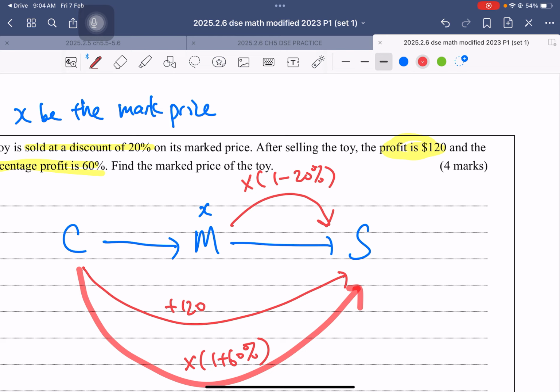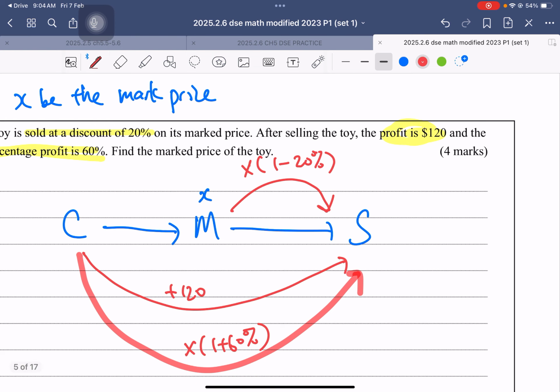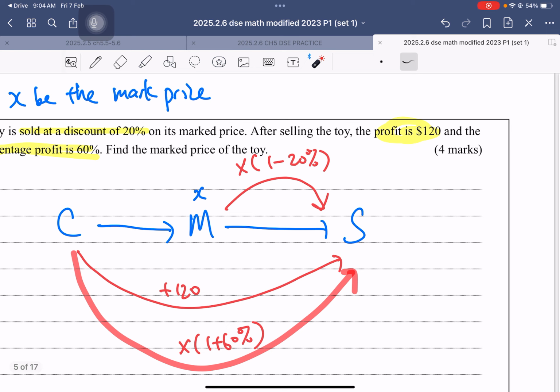Okay, all done your graph? Put down your pen, just listen. So where is our starting point? We're starting from the variable. When you follow the arrow, that's the thing we need to write down.